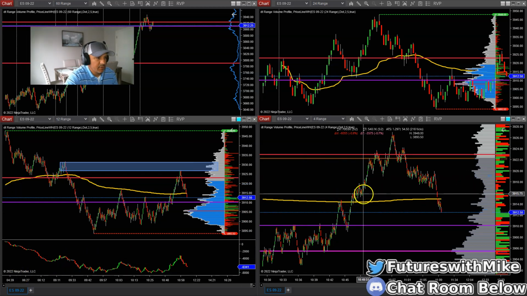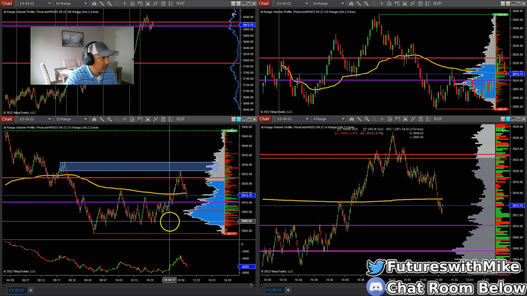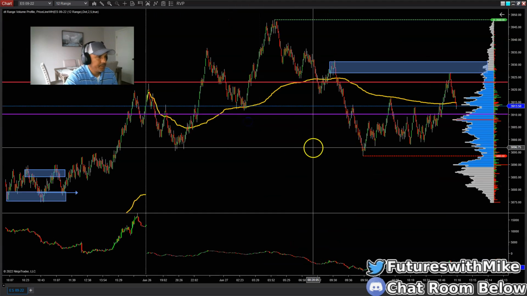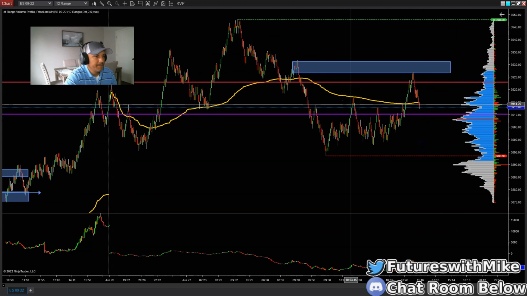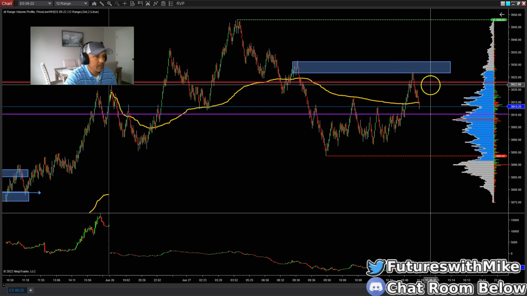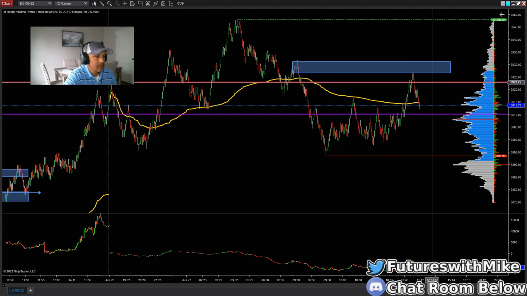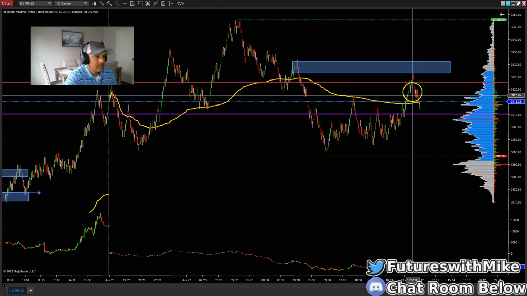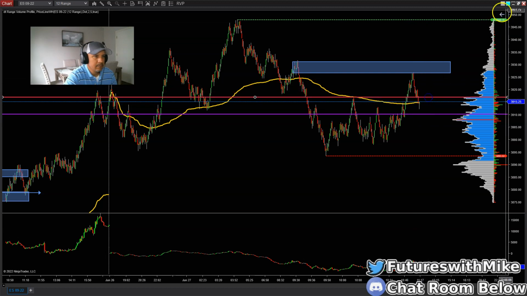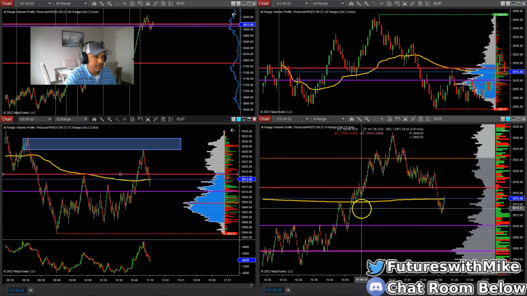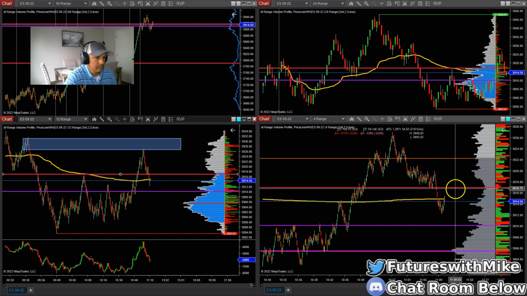All right, looks like the market is breaking lower. So maybe this was just a pullback here. Price is probably going to break lower, but let's see. Not sure. Just going to bounce in this area.